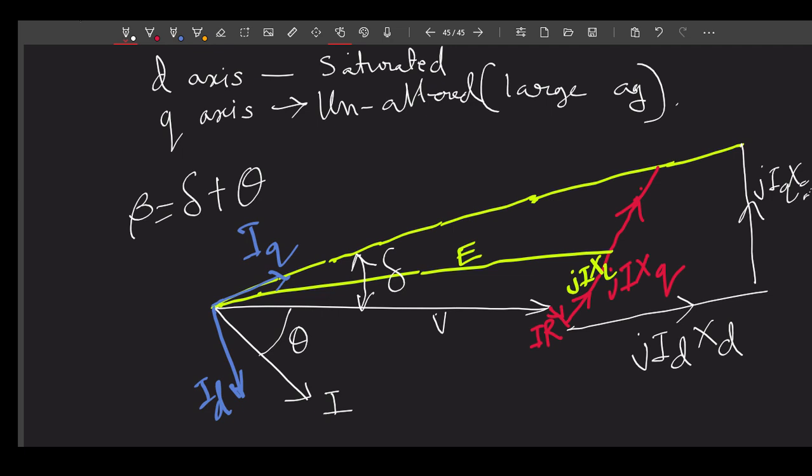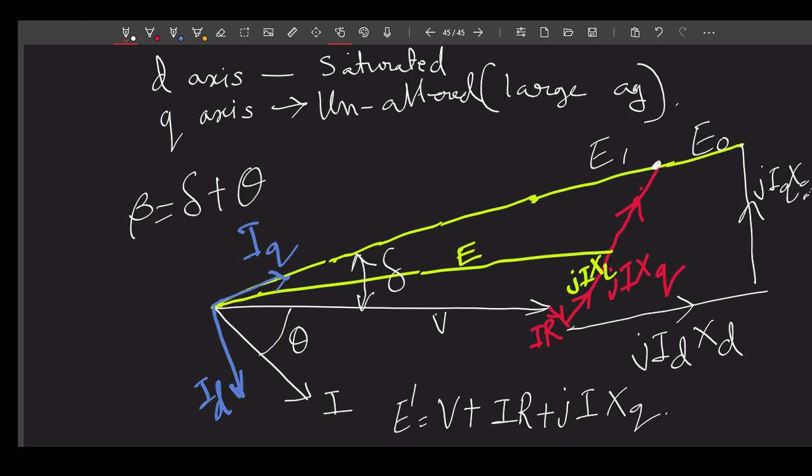So I told you that if we need to construct the phasor diagram, we can go and add V plus IR plus jIXQ. This will result in a phasor, say E dash. This E dash will become a collinear vector with E naught, where E naught is your unsaturated induced EMF, or you can denote it by E1 also.